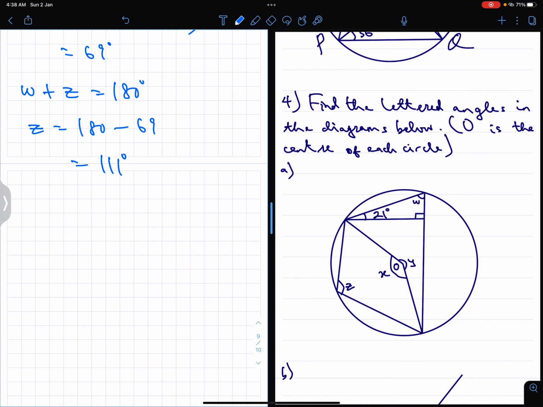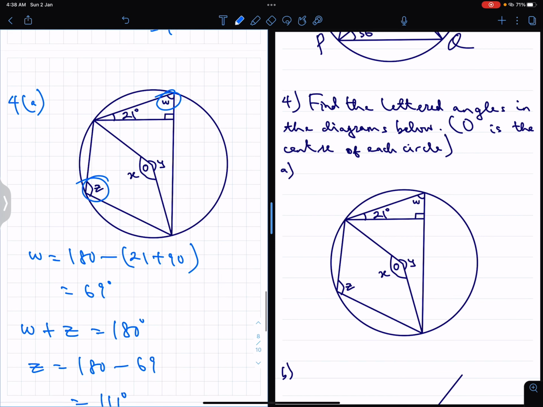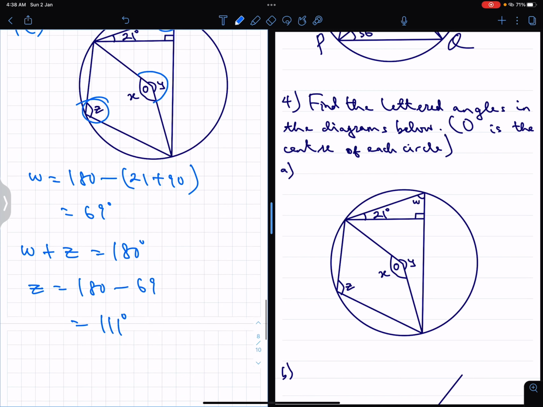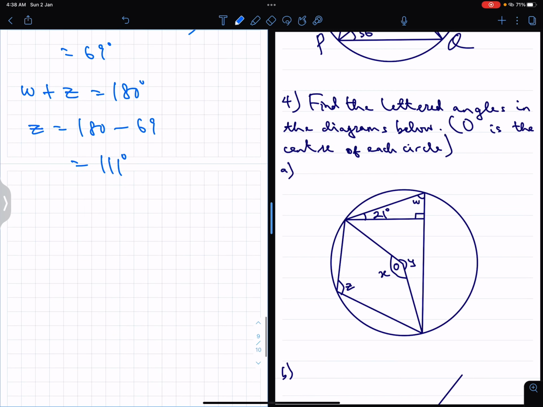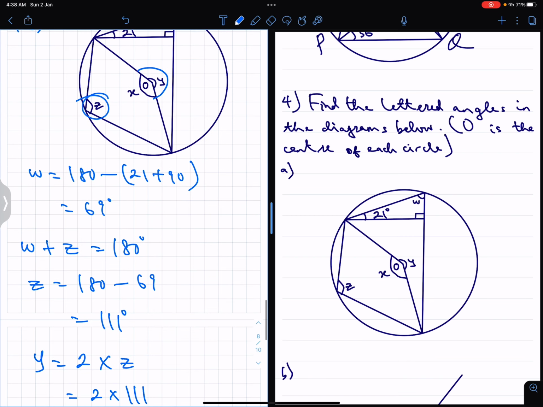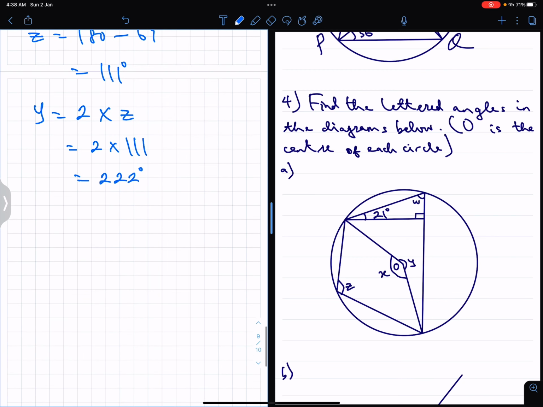That's angle Z. Now angle Y is double angle Z, so that simply means Y equals 2 times Z, and that means 2 times 111, which is 222 degrees. Now angle X plus Y is 360 degrees. Angles at a point, because O is the center of a circle.